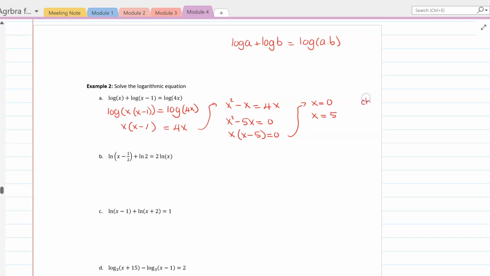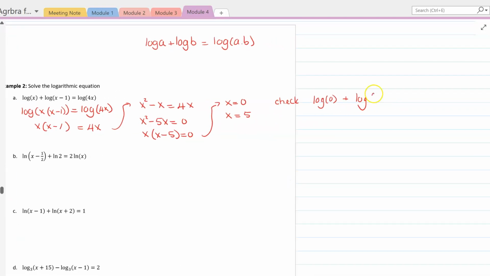Let's check: log of 0 plus log of 0 minus 1, does that equal log of 0 times 4? Note that we cannot take log of 0, so x equals 0 is not a solution. We can only have one solution here, x equals 5.